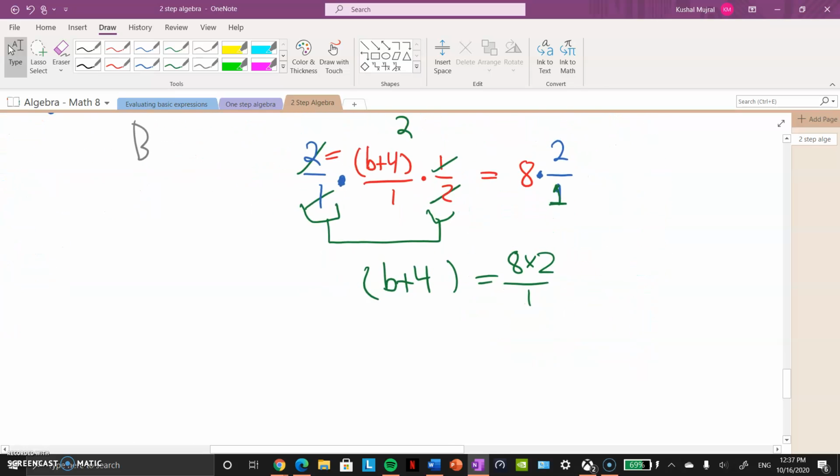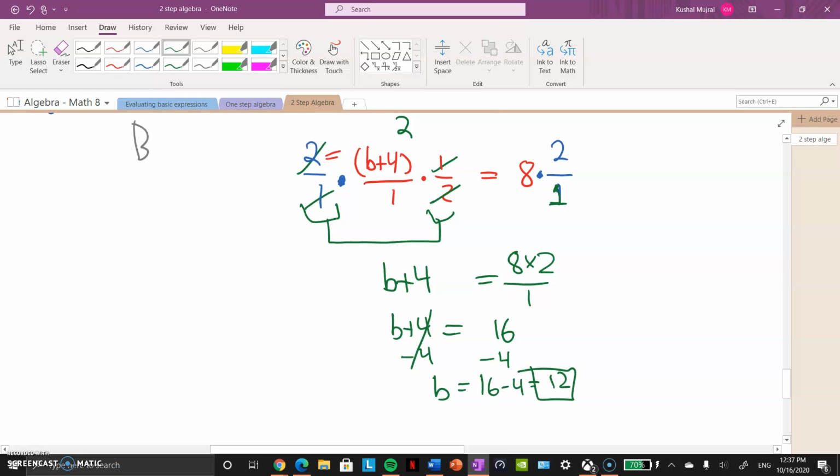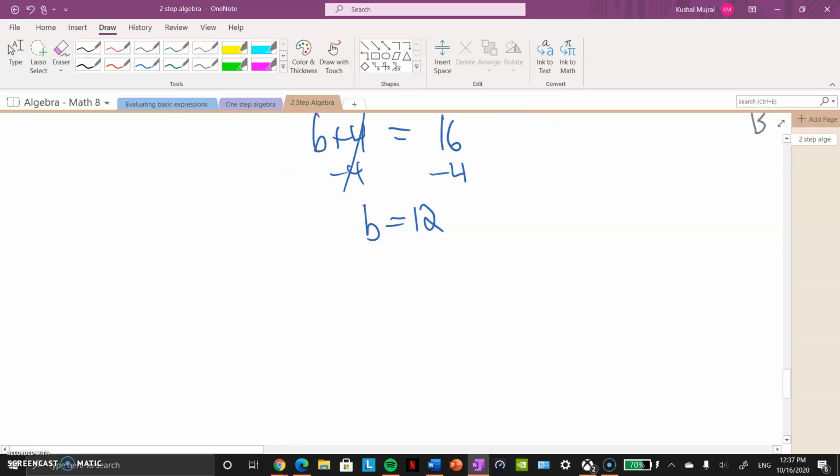And we can forget about this bracket over here because there's nothing else to solve besides the b plus 4. And so b plus 4 equals 16. And subtract 4 from both sides to get b by itself. And then b equals 16 minus 4, which is 12. Okay. I think there's one more question.